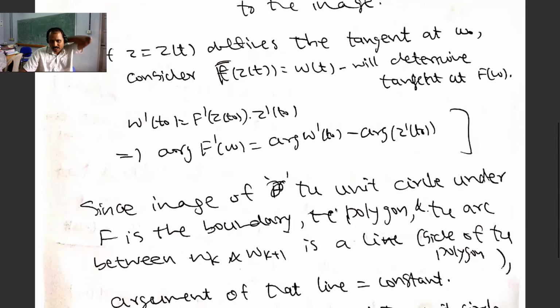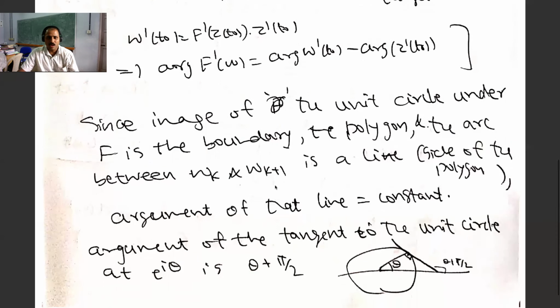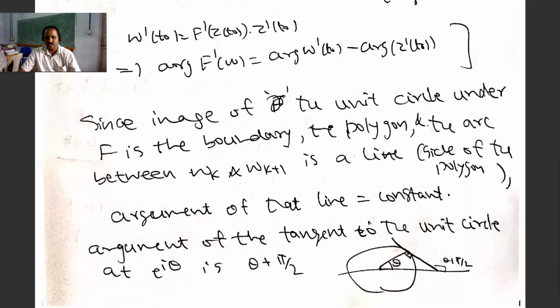Since the image of the unit circle under f is the boundary of the polygon, the boundary is mapped onto the boundary. The arc between omega k and omega k plus 1 is mapped to a line, a side of the polygon, so the argument of that line is constant.